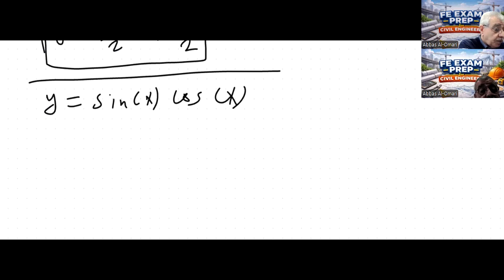Now, when we have two functions multiplied by each other, the derivative is the first function multiplied by the derivative of the second function, plus the second function multiplied by the derivative of the first function. This is the rule in calculus.